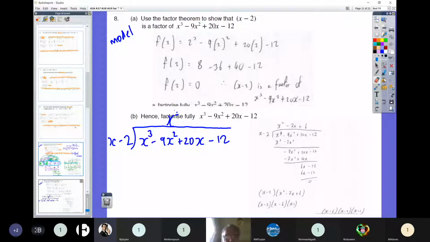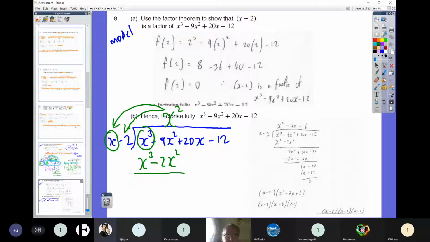Our starting point is, what times x gives us x cubed? That is x squared. So x squared times x is x cubed. x squared times minus 2 is minus 2x squared. And we're going to take away those from each other.